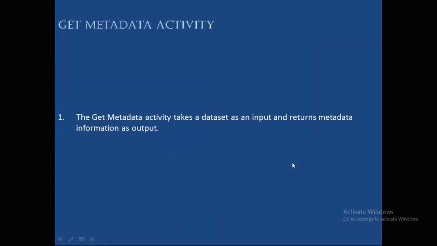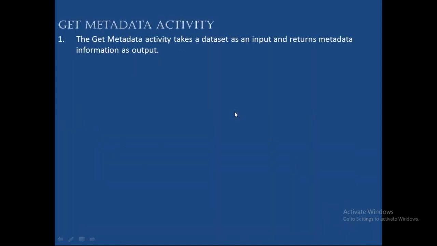Now let's see get metadata activity. See, get metadata activity takes a data set as an input, meaning data set means reference point, which references a particular table, and returns metadata information as output. The maximum size of returned metadata is around 4 MB.